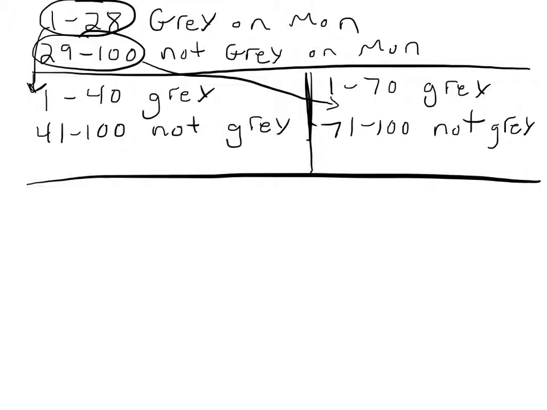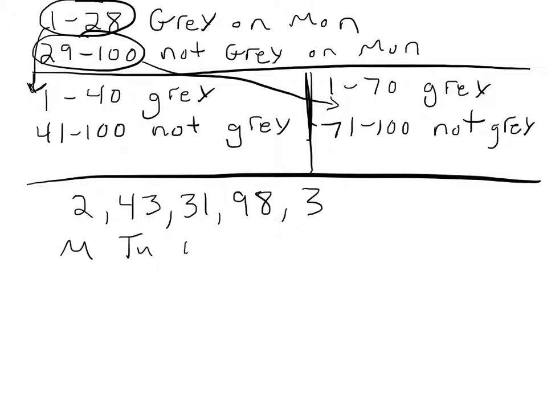I'm going to pick 5 numbers from 1 to 100 at random, using the calculator, randInt, 1 to 100. My 5 numbers are 2, 43, 31, 98, and 3. Those are my 5 numbers, corresponding to Monday, Tuesday, Wednesday, Thursday, Friday.